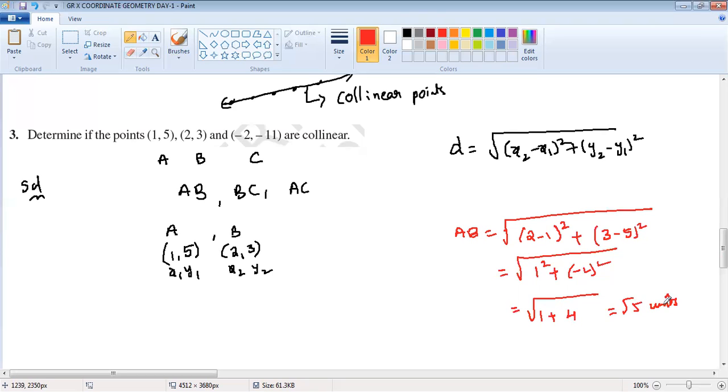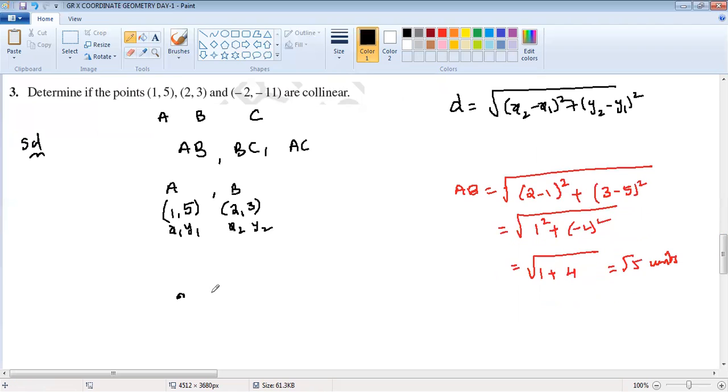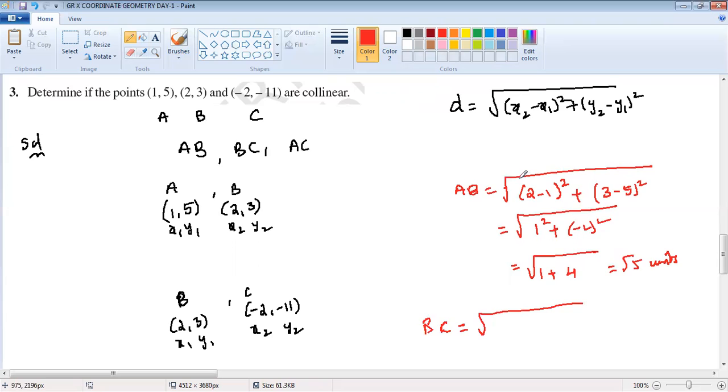Root 5 units. Similarly, we are supposed to find the value of BC and CA. So similarly, I'm going to take the values of B and C. B, which I have taken from the top, is (2, 3) and C is (-2, -11), which are x1, y1 and x2, y2. Now the same thing for BC: apply the formula, (x2 minus x1) whole square plus (y2 minus y1) whole square.